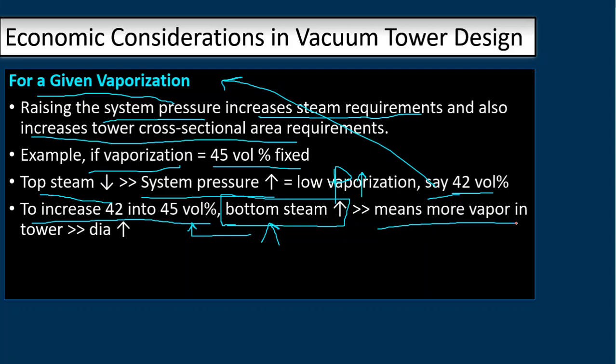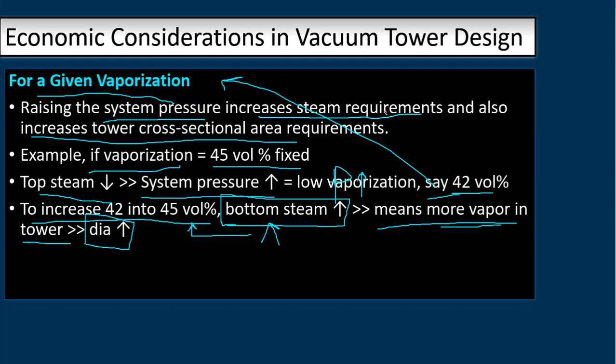It means there will be hydrocarbon vapors as well as steam in the form of vapors. So there is more vapor in the tower, and to accommodate that vapor, we need a bigger tower, that is, the diameter will increase.